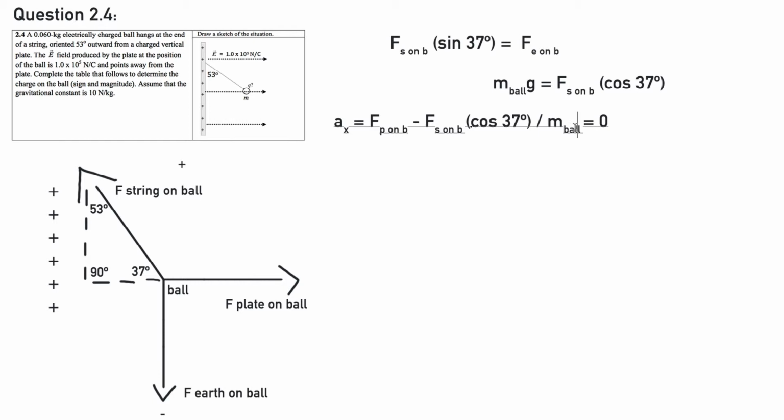Again, we can do the same thing as before: multiply the mass of the ball to the other side, which will just cancel it out. Then add force string on ball cosine 37 to both sides, which takes it off one side and puts it here. The acceleration is 0, so we can take this out.